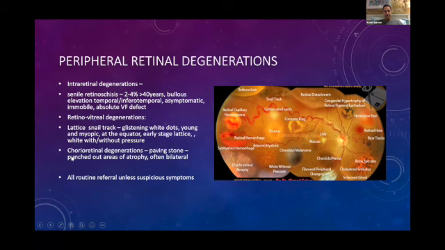Chorioretinal degeneration, so sometimes you can get paving stone lesions and punched out areas of atrophy, often bilateral. If they're asymptomatic, then I wouldn't worry too much about it. But if they're symptomatic of funny visual symptoms, then you might want to think about whether this represents a multifocal choroiditis. And these are all routine referrals unless there are suspicious symptoms that you're concerned about.